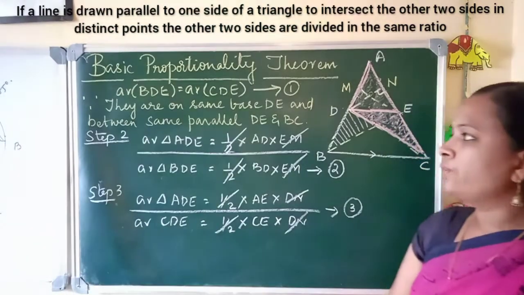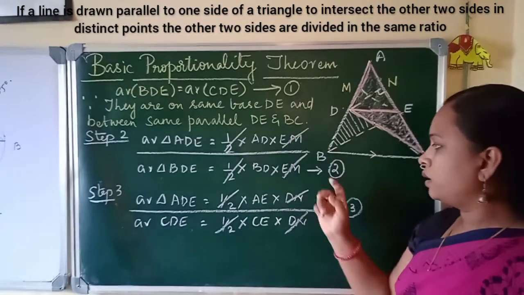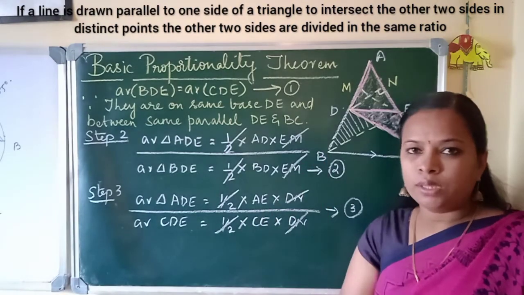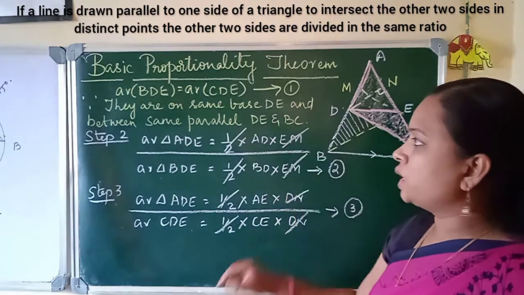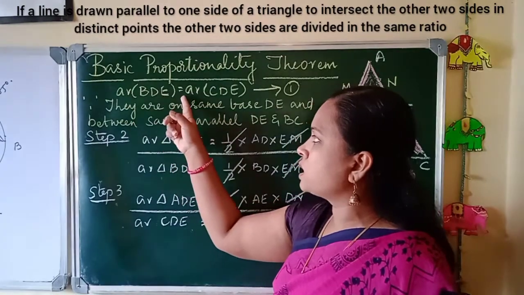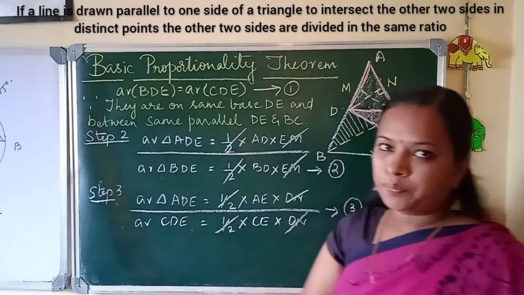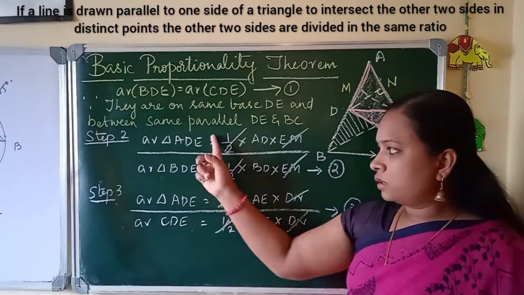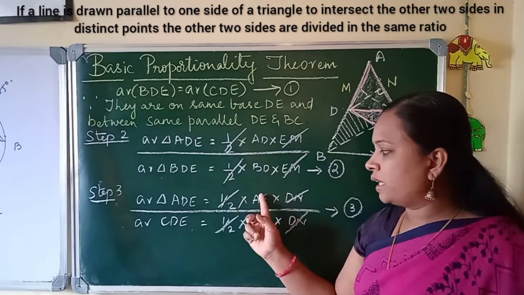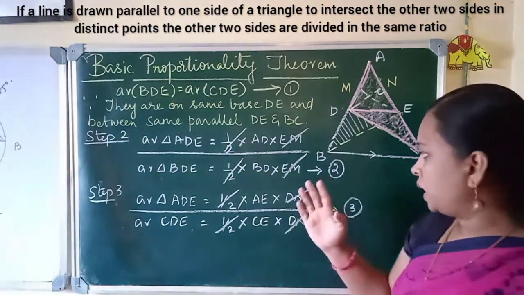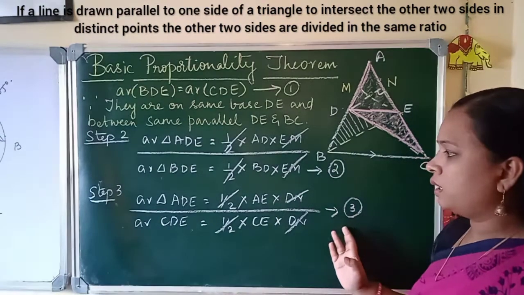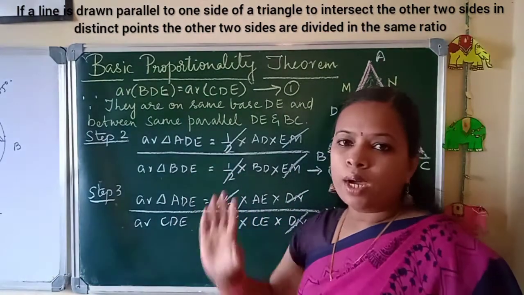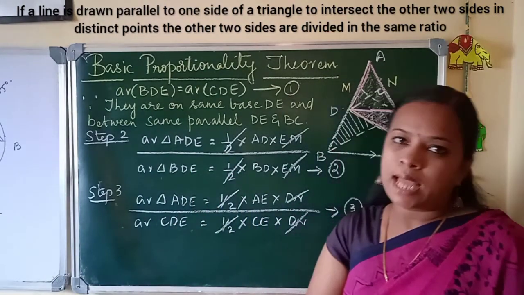Now when you observe equation 1, equation 2 and equation 3, there is a relationship between these three. In the first equation you have shown area of BDE is equal to area of CDE. And here you have compared these two triangles and arrived at this ratio. When you equate equations 2 and 3, on the left hand side and right hand side, any one of the sides should get cancelled.